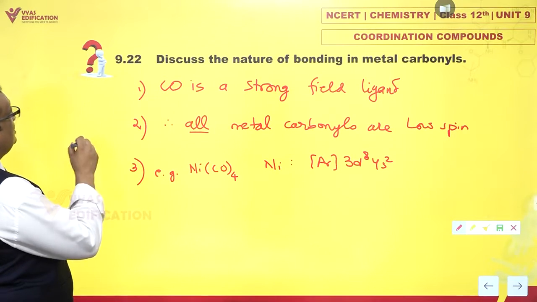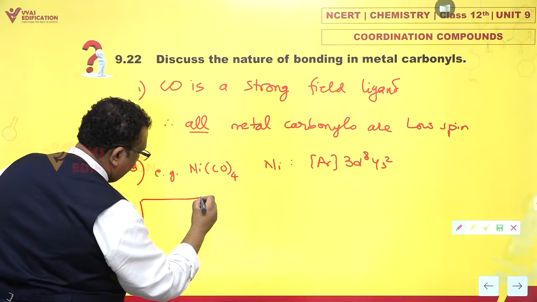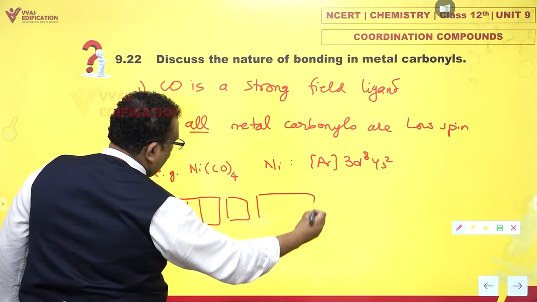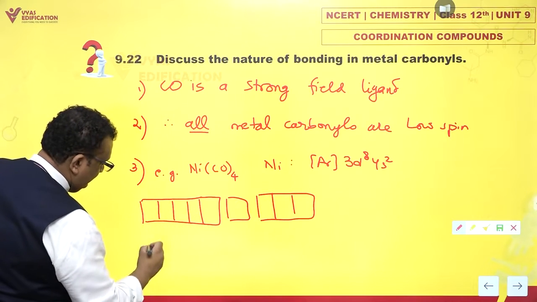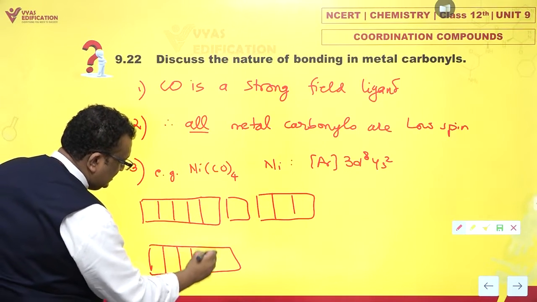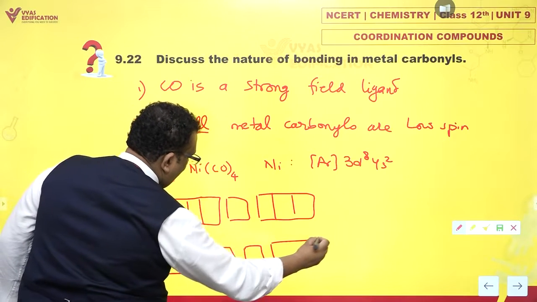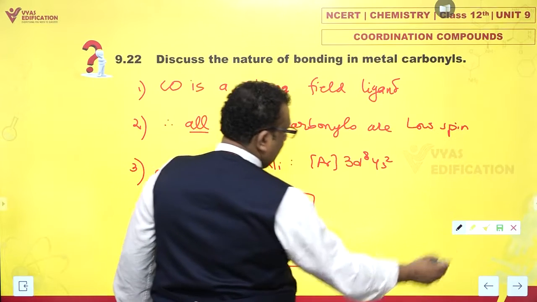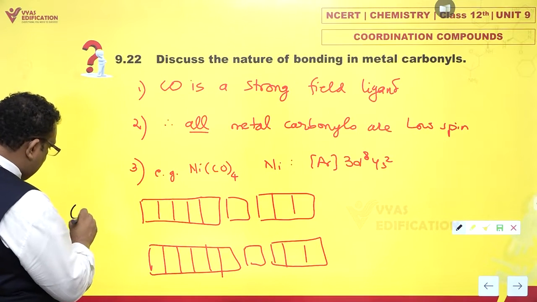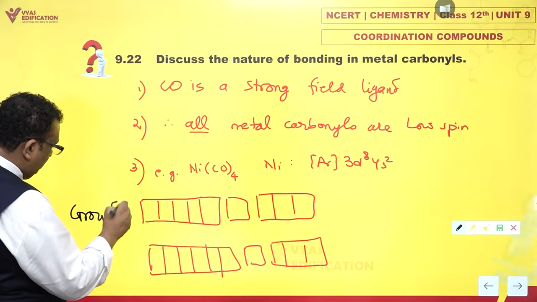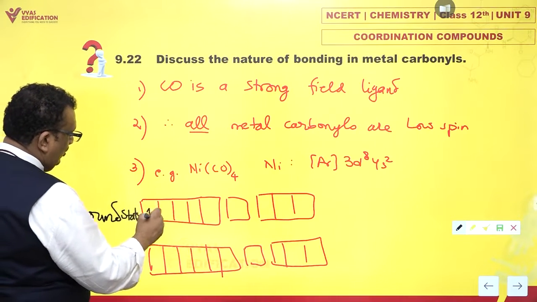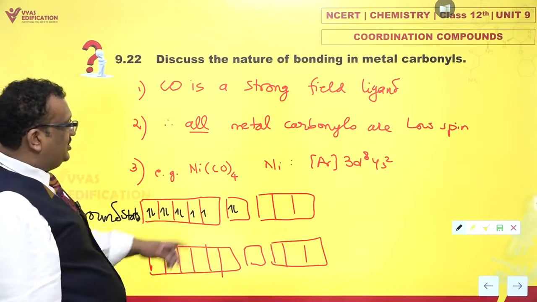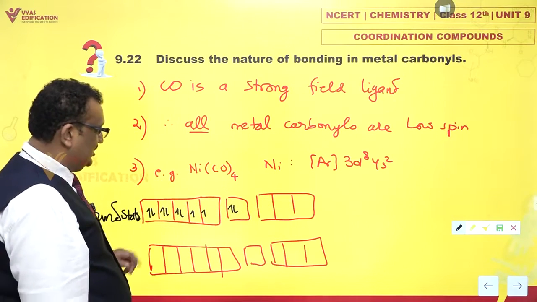If you look at the ground state configuration, I'm just drawing boxes so that I might be able to use them later, and the later has come now. This is the ground state: 1, 2, 3, 4, 5, 6, 7, 8, 3d8, 4s2.